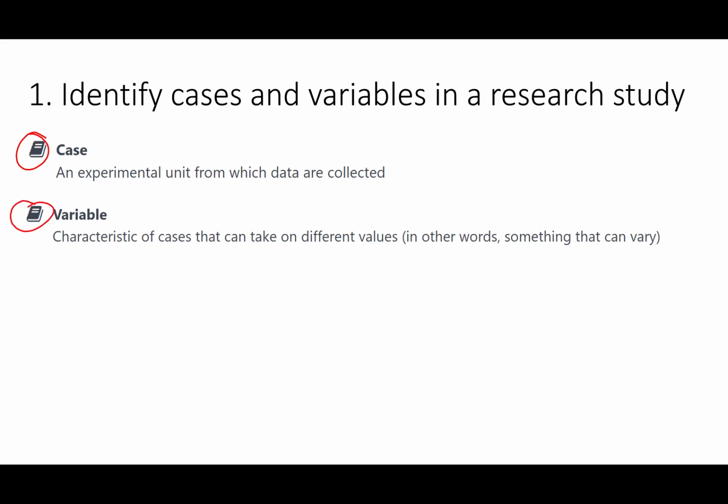When conducting a research study, we collect data from cases, which are sometimes known as units or experimental units. These are the individuals from which the data are collected. A variable is a characteristic of cases that can take on different values. In other words, something that can vary. This is in contrast to a constant, which is the same for all cases in a study.